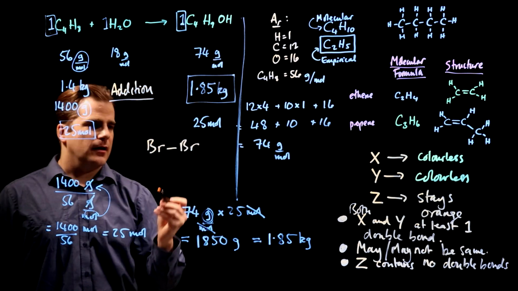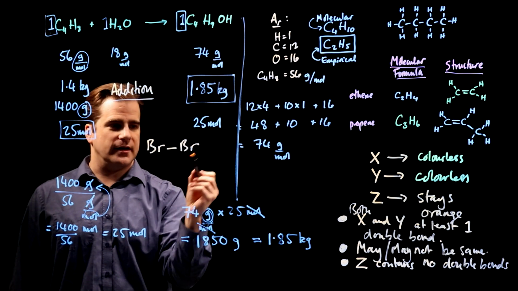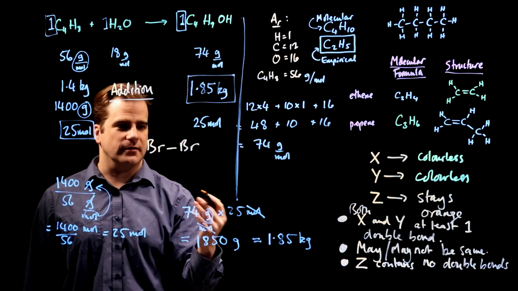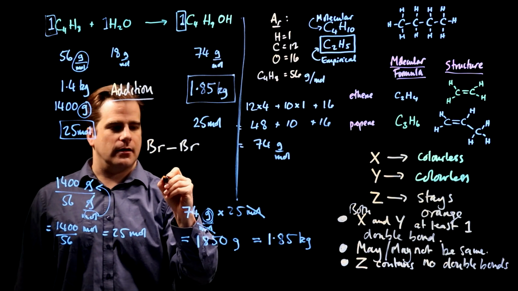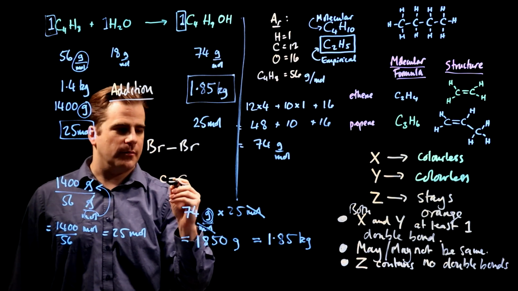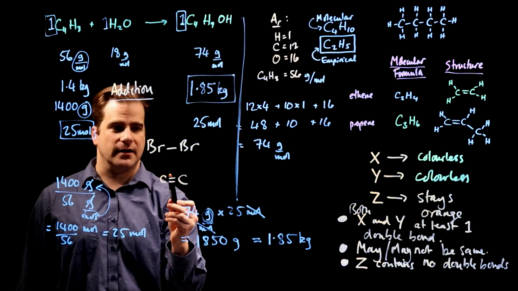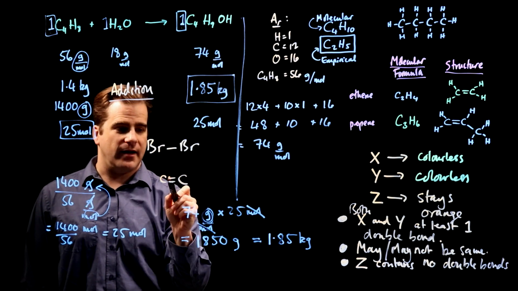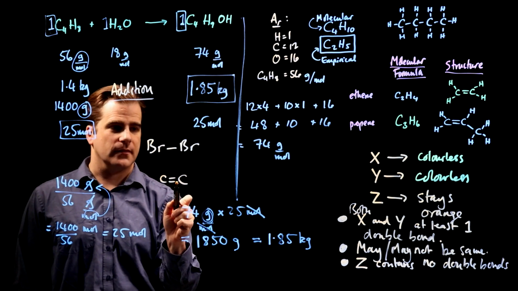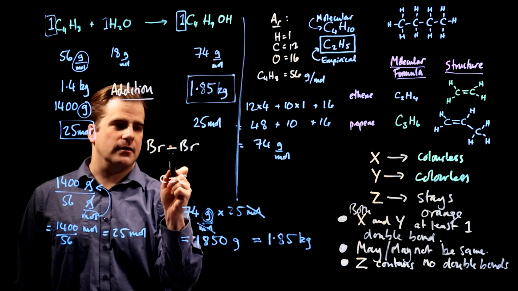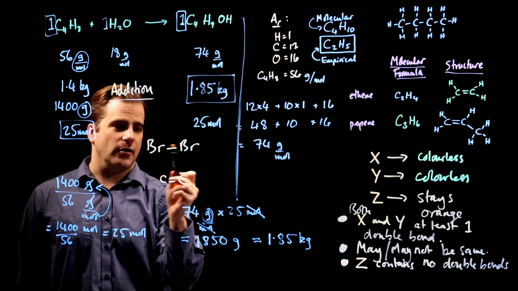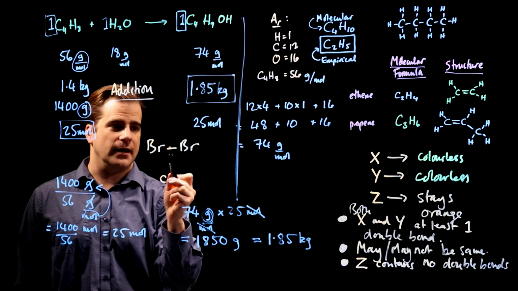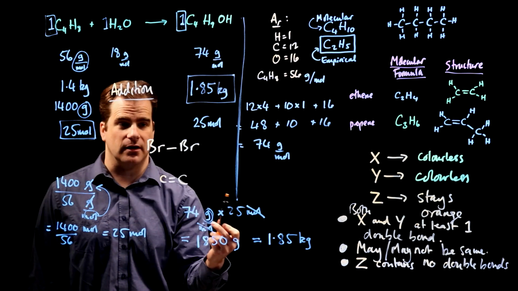Okay, and bromine water is just that in water. And if you add a compound with a double bond in it, this bromine reacts with the double bond, and this bromine-bromine bond is broken, and that bromine-bromine bond in water is what gives it the orange colour.